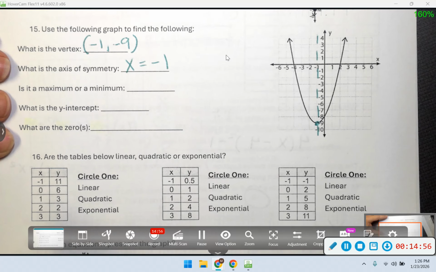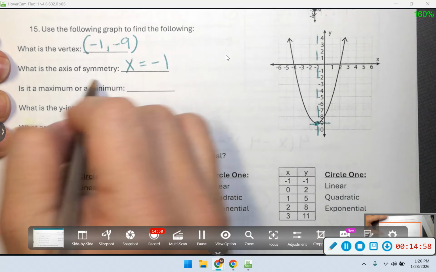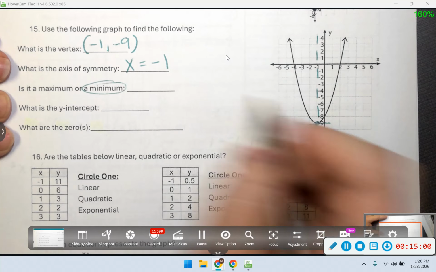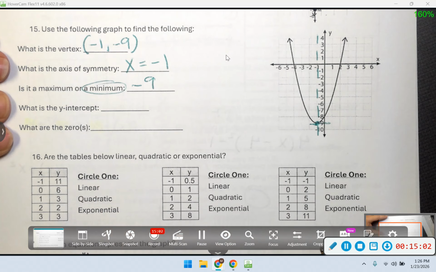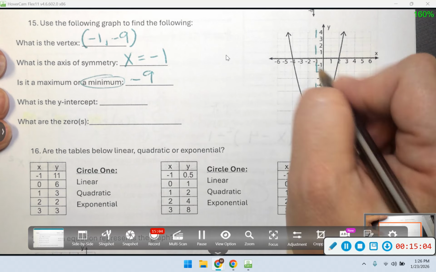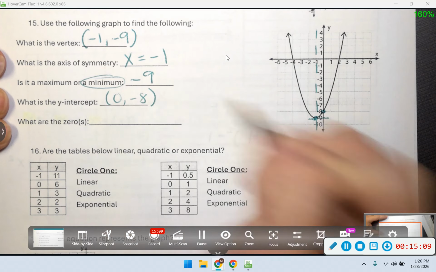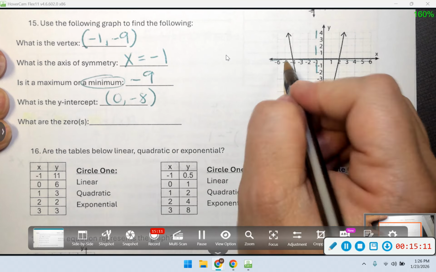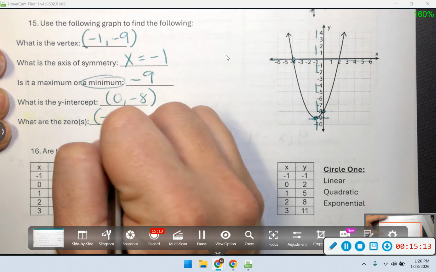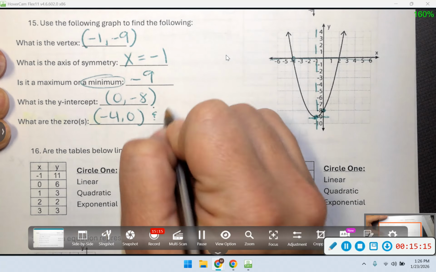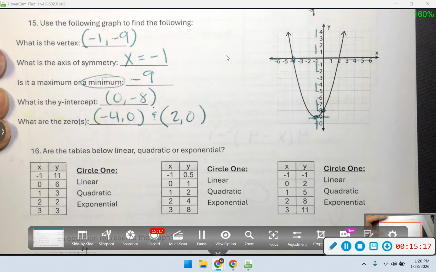This is a minimum, and the minimum value is negative 9. The y-intercept is right here at 0, negative 8. And the zeros, there's 2, are at negative 4, 0, and 2, 0.